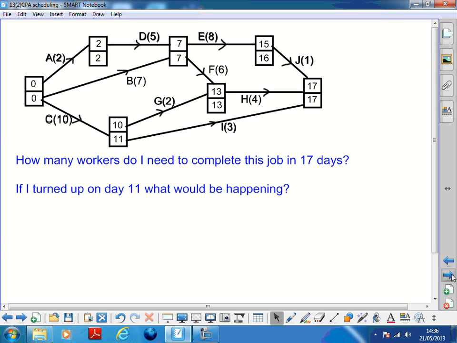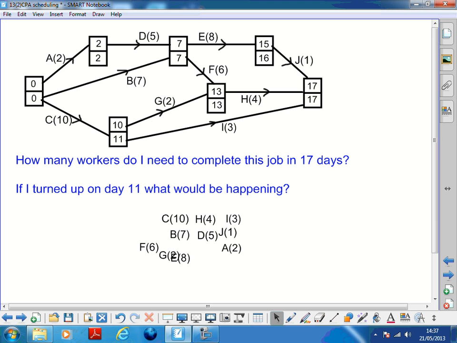Now that was quite a complicated way of thinking about it. A really easy way to get a lower bound is to think of this as a bin packing exercise, where you're trying to literally fit these jobs into 17 days, forgetting all precedences and everything. So we've got A, B, C, D, E, F, G, H, I, and J. Forget all precedences, pretend we can do them all in a row, anybody can do any of them.